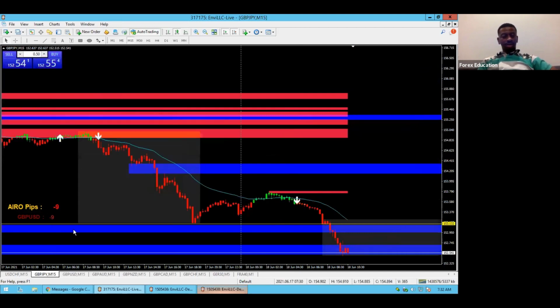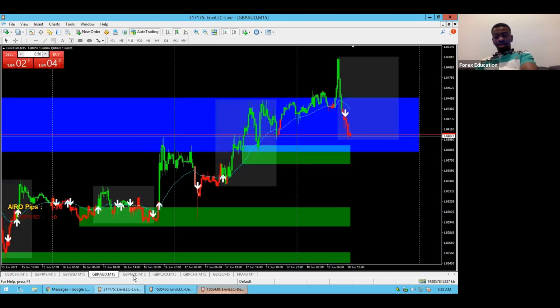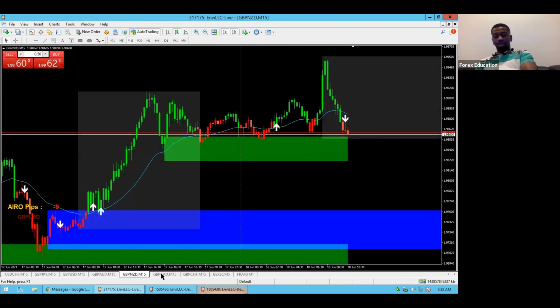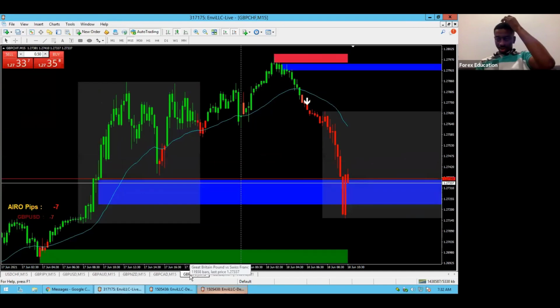GJ pushing back down. Good. Let's go to GU. GI also pushing down. GCAT trying to push up a little bit. There we go, GCHF starting to head back down.